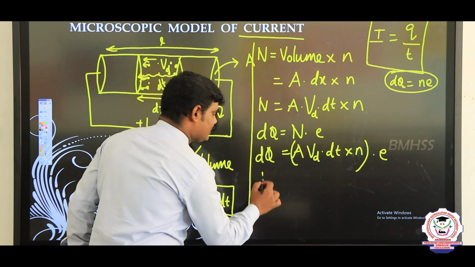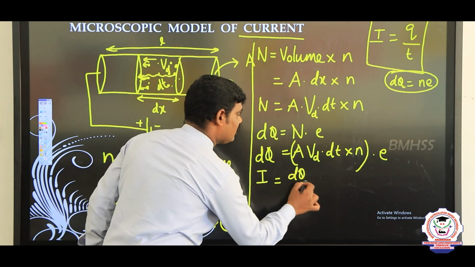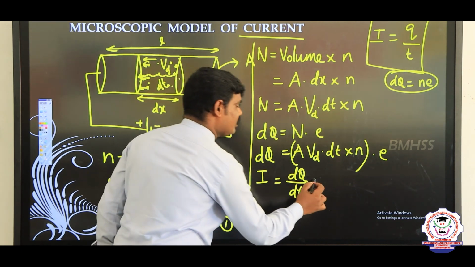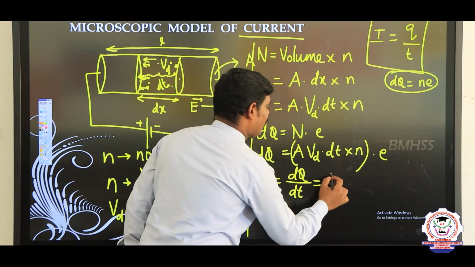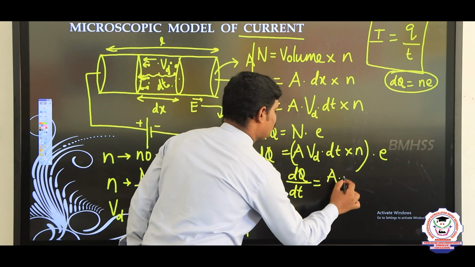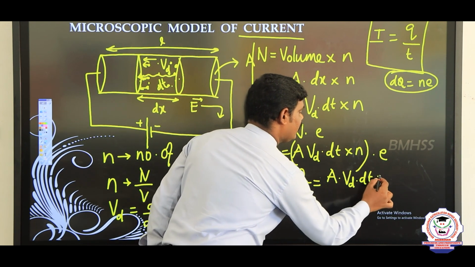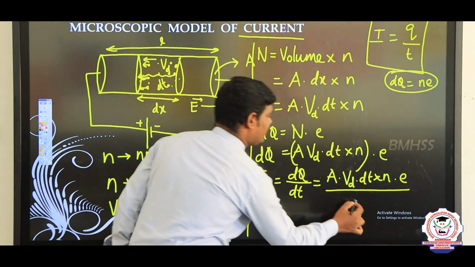The general formula for current is dq divided by dt. So the current is equal to dq, and the value of dq we already found. Substitute here A into Vd dt into n into e, divided by dt.